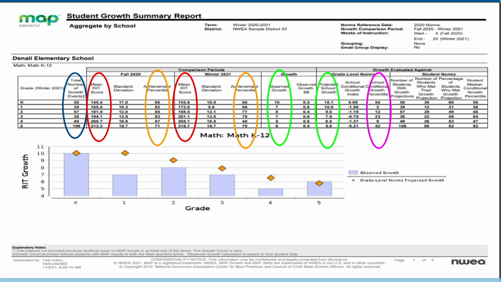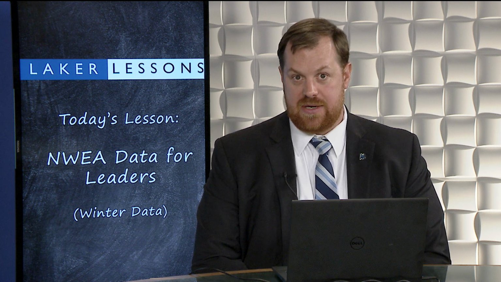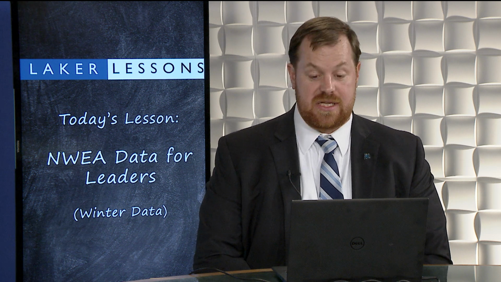That corresponds here with a school conditional growth percentile. This number is really valuable because it shows how students at this grade level are growing at a rate compared to their national peers. So if students are growing at the 50th percentile, that means their rate of growth is similar to the average rate of growth for students at that grade level across the country.